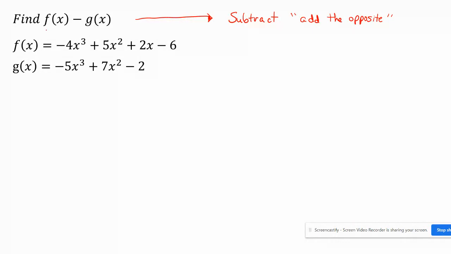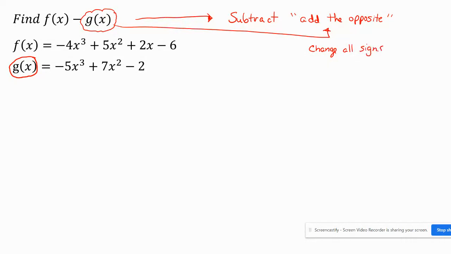So this says f of x minus g of x. It's always the back one that you add the opposite. So I'm going to go to the g of x, and I'm going to change all signs. And it's only on g of x, because g of x is the one that's in the back.